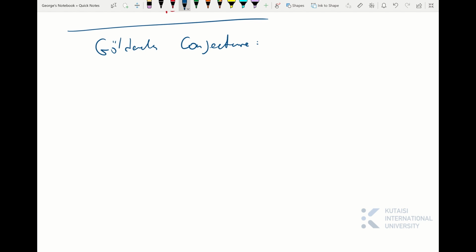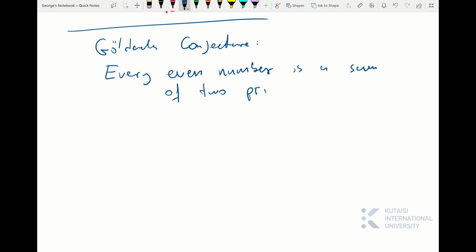This conjecture says that every even number is a sum of two primes. So this is what Goldbach's conjecture says, that every even number you take is a sum of two primes, and it's not proven, right? And so let me write this down.